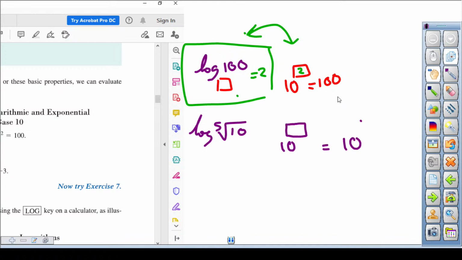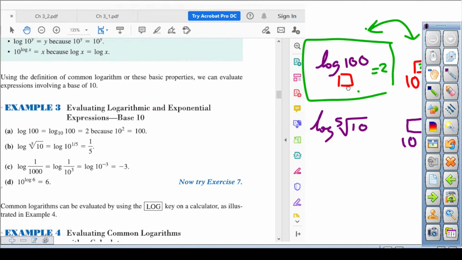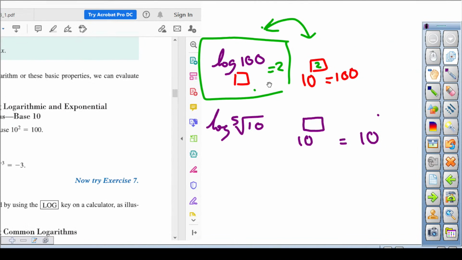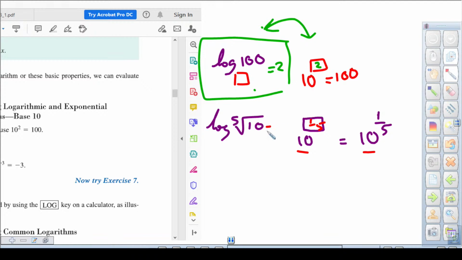How much is that? 1/5. Fifth root is 1/5. Look closely here: if the bases are equal, the exponents have to be the same. So this has to be 1/5. The value for this equals 1/5. Okay, that's for this one here.